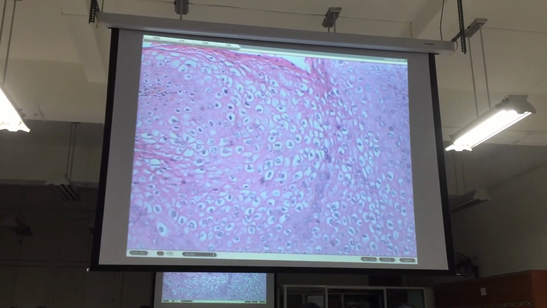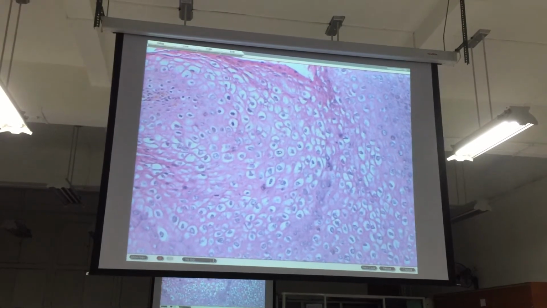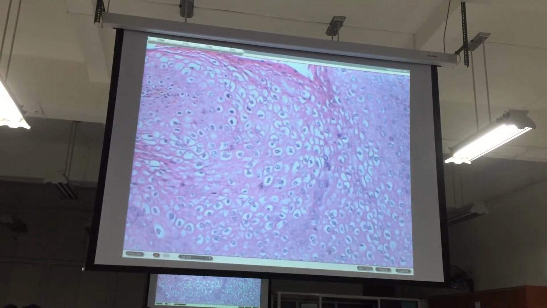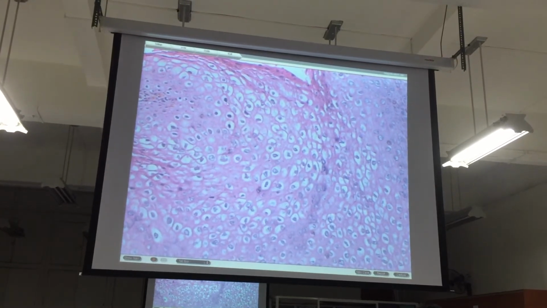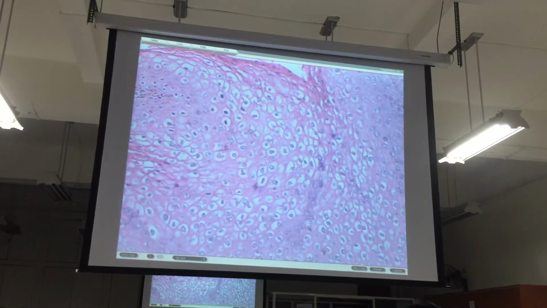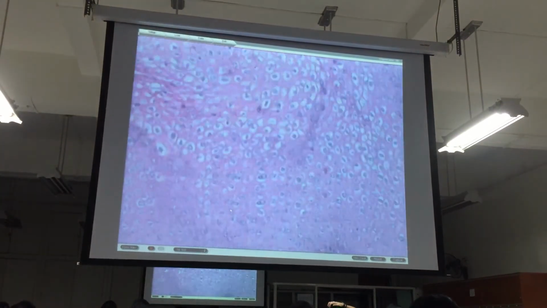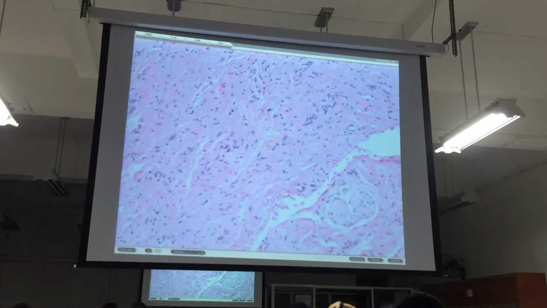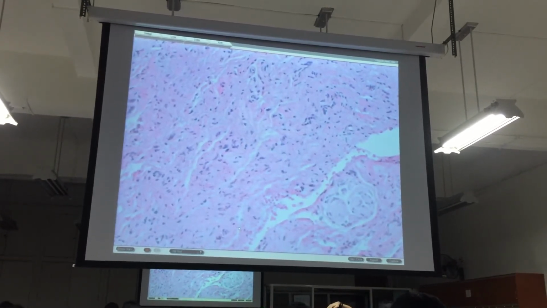Cells with vacuolated cytoplasm, and in some the nuclei is crumpled or raisin-like, eccentrically located. Those are your koilocytes. So this is a sexually transmitted tumor, your condyloma acuminata.